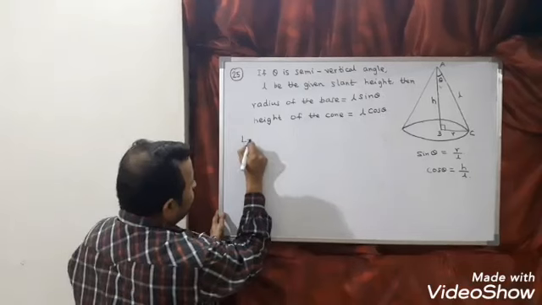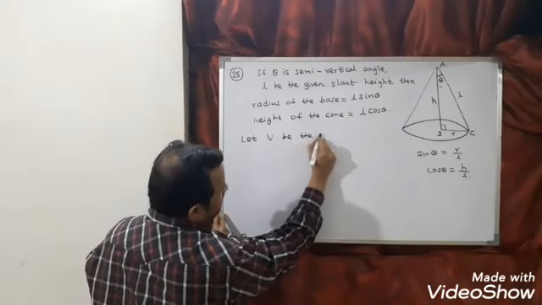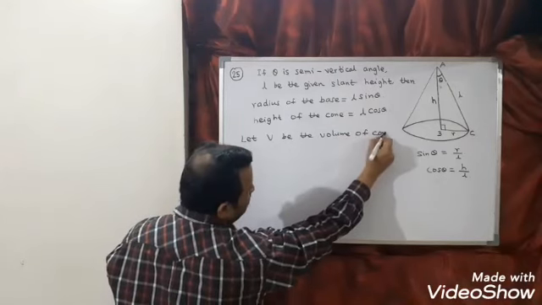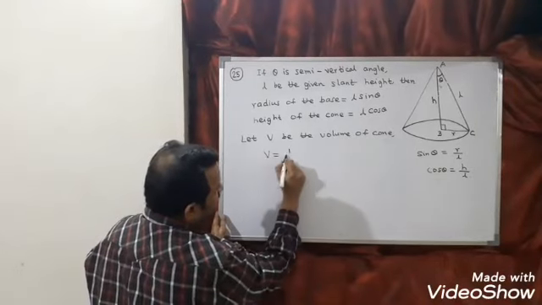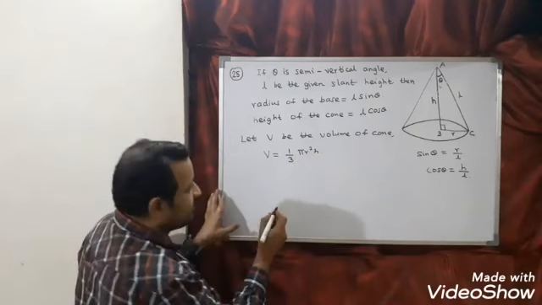Now let V be the volume of the cone. What is the formula to find volume? V is 1 by 3 pi r square h. Now put the values.